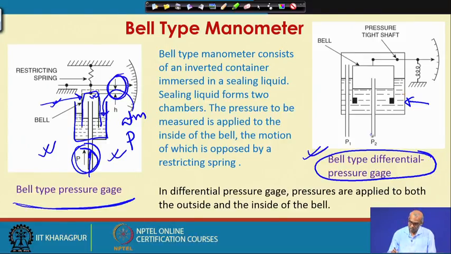Now, as usual, I apply one pressure inside the bell and the other pressure is being applied from outside the bell. These two pressures are separated by the sealing liquid.